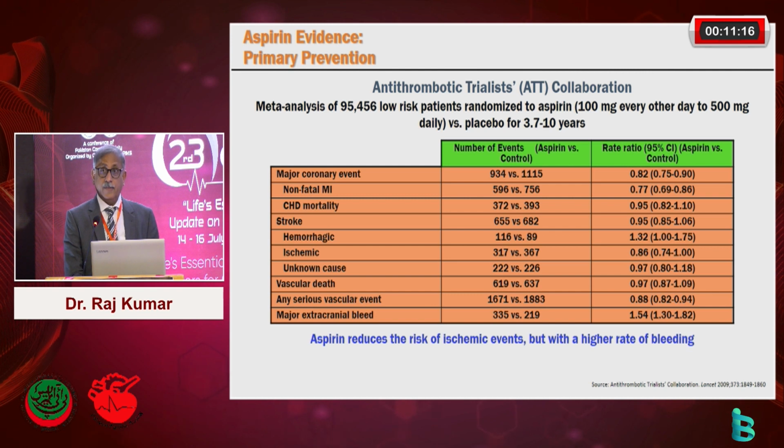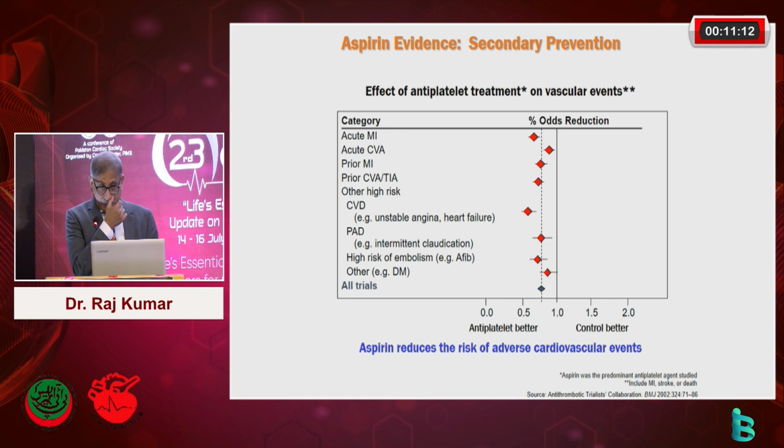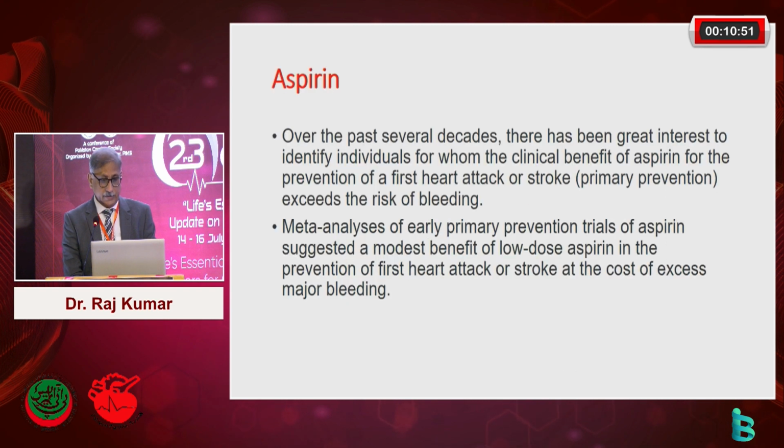We need to keep all this in mind while using antiplatelets, but there are no two thoughts that in secondary prevention it reduces the risk of adverse cardiovascular events, whether acute MI, CVA, prior MI, prior CVA, other risk factors, and peripheral artery disease. In secondary prevention there is a strong recommendation, especially in high-risk patients.